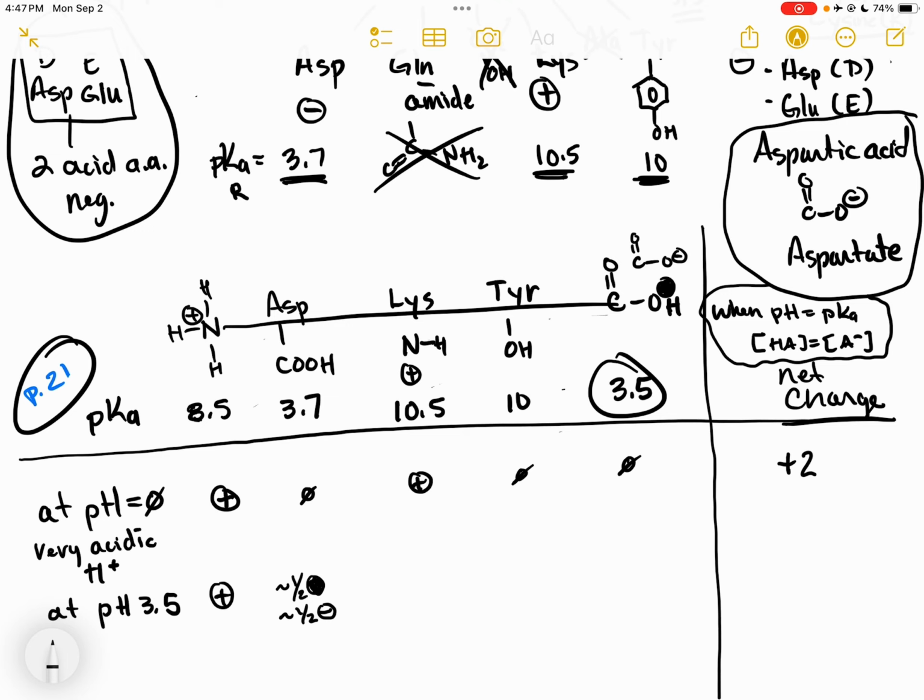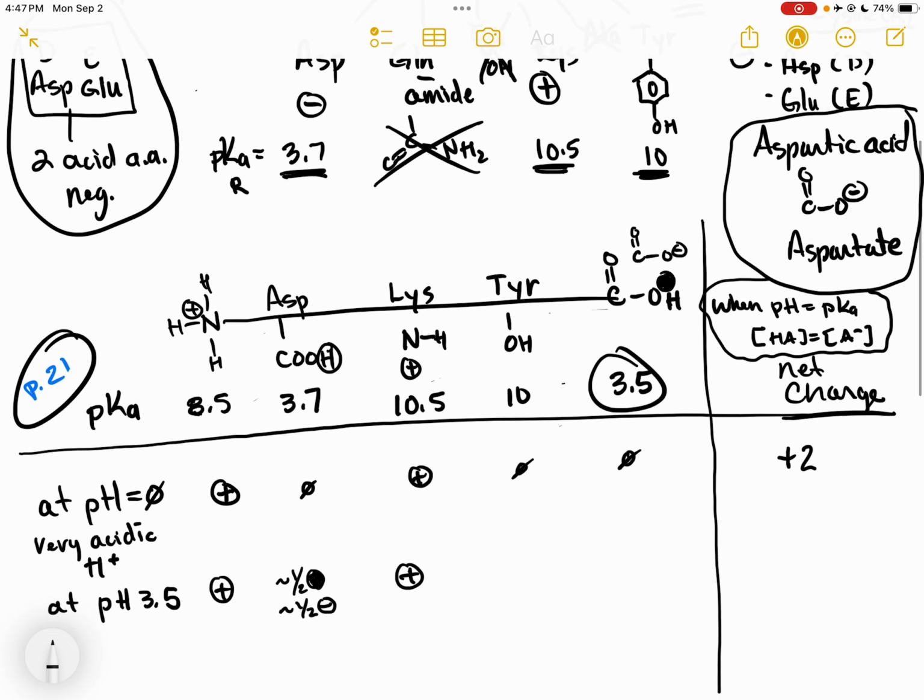The base grabbed the hydrogen and made it into the negative charge. This one's still a full positive, this one's still neutral, and this one is half neutral and half negative. So we've got 2 pluses, so that's +2, and we've got 2 half minuses, so that's -1. So +2 minus 1 is +1.